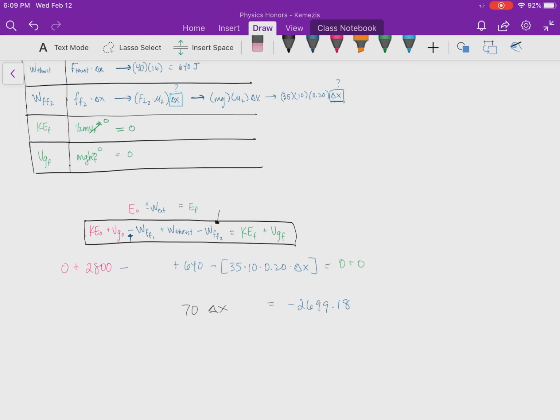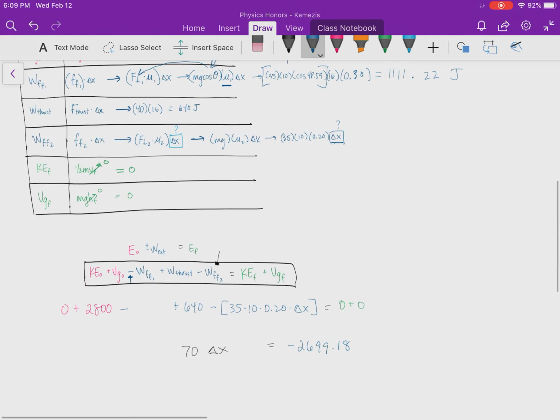One more time. 1111.22. Okay. 2800 minus that plus 640. 2328.78 divided by 70. There it is, 33.3.